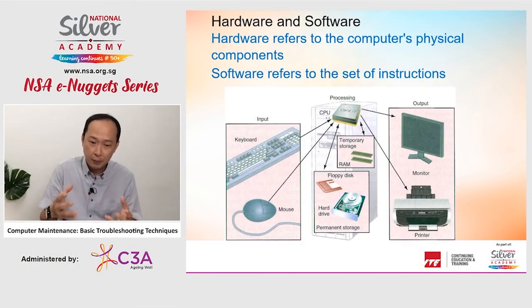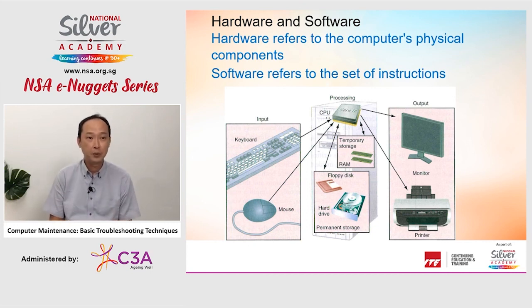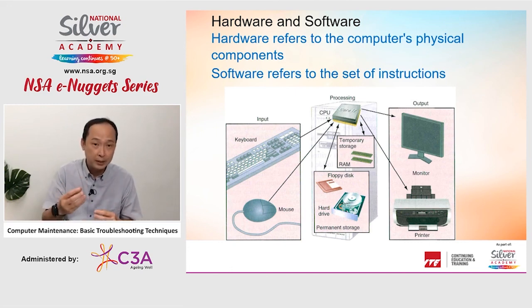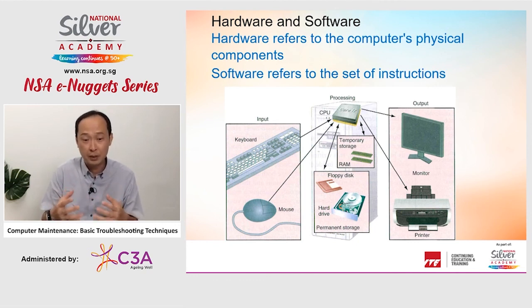So the hardware itself, from left to right on the screen, you can see there's the input. There are input devices. The input devices can be any kind of input commands that you give to the computer system, just like your phone. Even voice recognition is a type of input device.